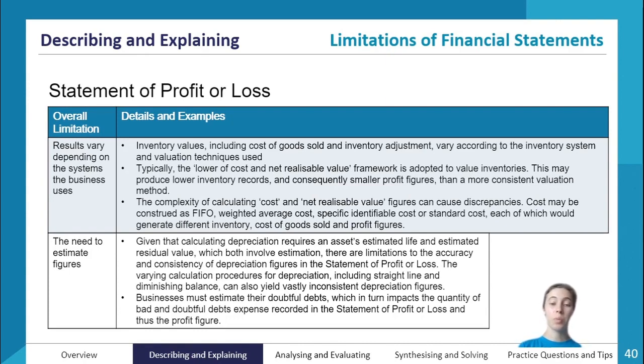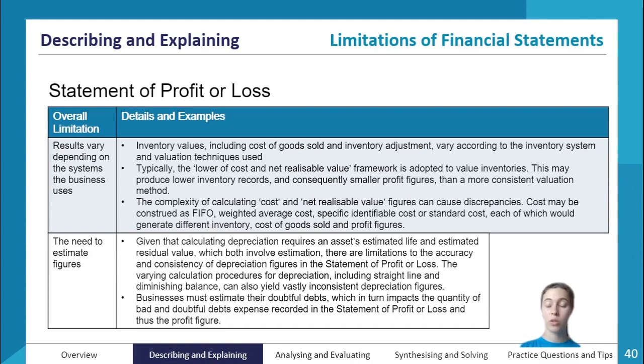So, for example, depreciation, you need to estimate the life of an asset and the residual value, and that can impact the accuracy and consistency of depreciation figures that are listed in the statement. And there's also different depreciation methods as well, and they can yield really different depreciation figures depending on what the business does use.